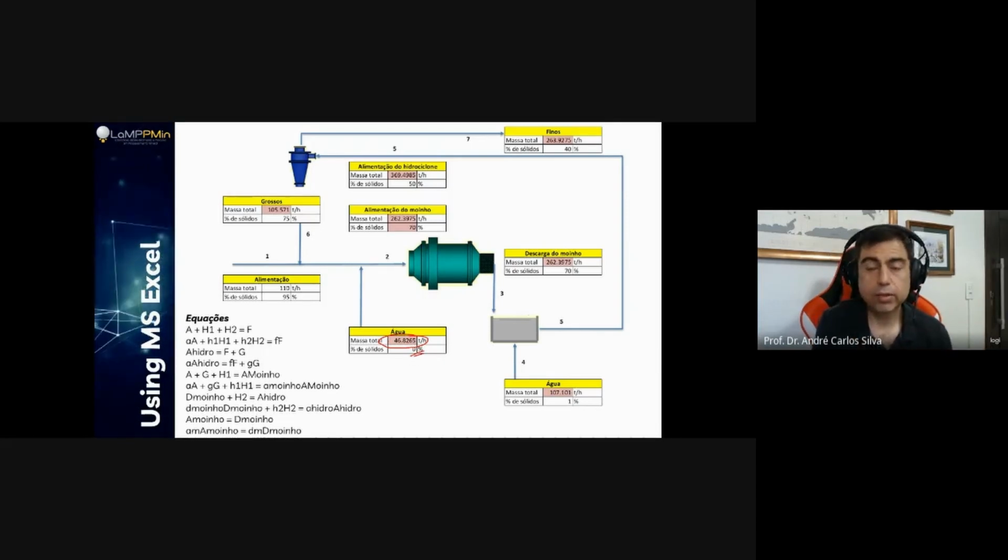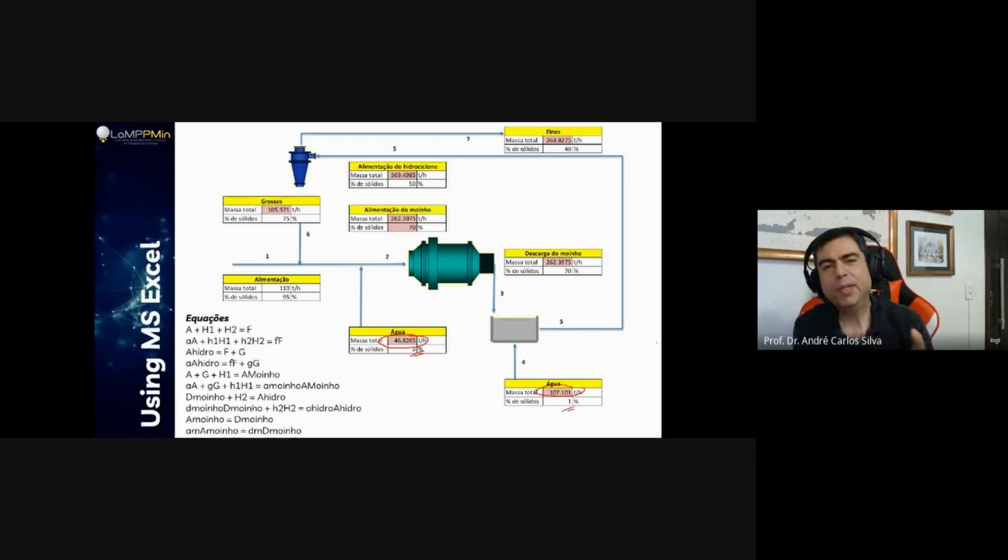And this other water over here, I also asked Excel to calculate the dilution water for me in both stages. And in here, I was a little bit bolder. I took this and asked Excel to consider 1% solids on this other water because I'm recirculating water in a mineral processing plant, so it makes a lot of sense having some solids in this water.